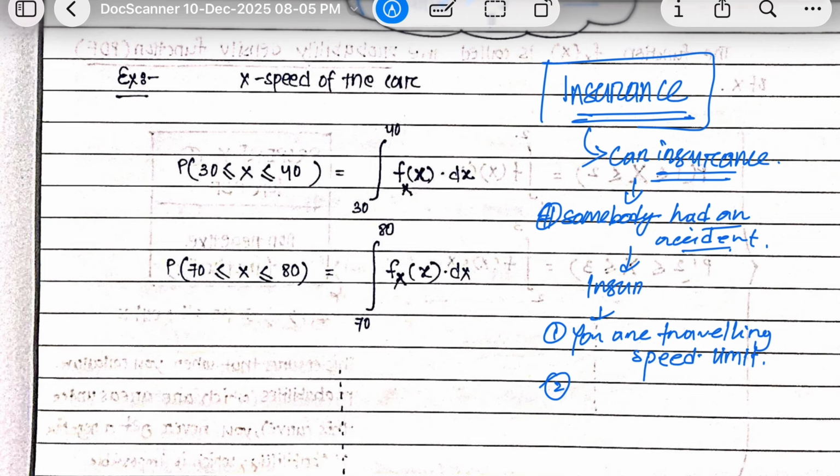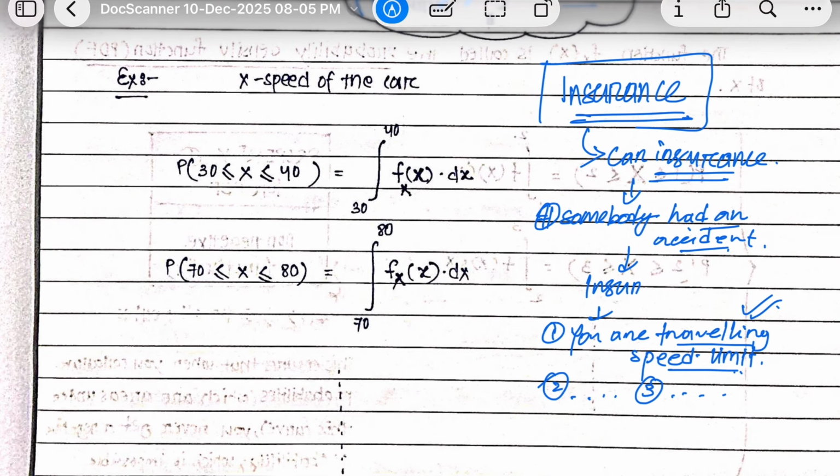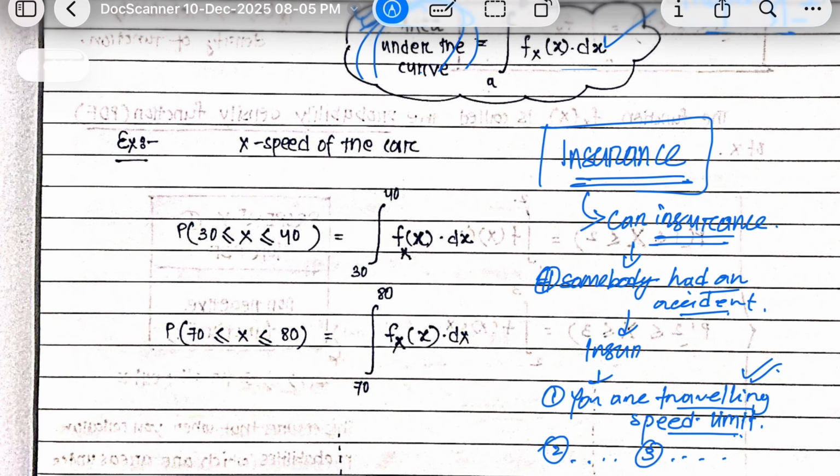The second condition, maybe you can think of it. There are many conditions. After that, they will be given. So if we think of the first condition, that is whether the car is traveling at the speed limit or not, there will be a mathematician who calculates whether the car was moving at the required speed or not.